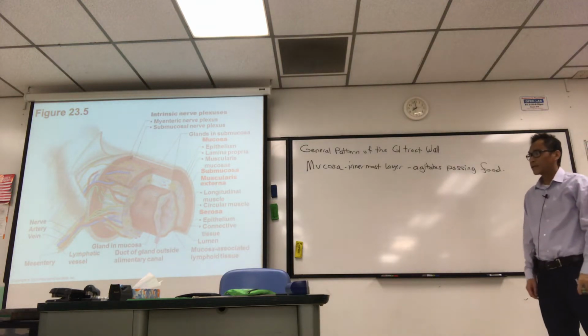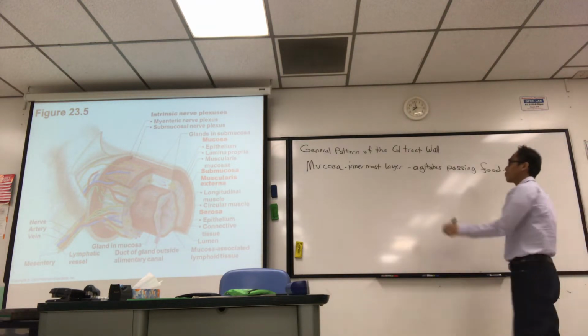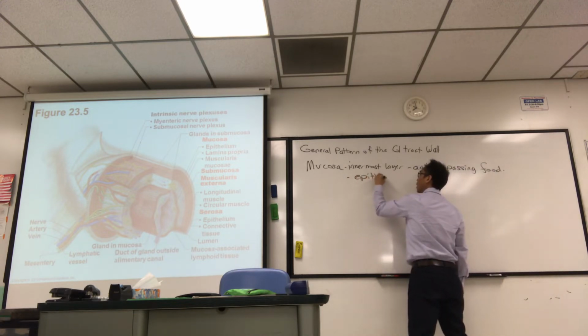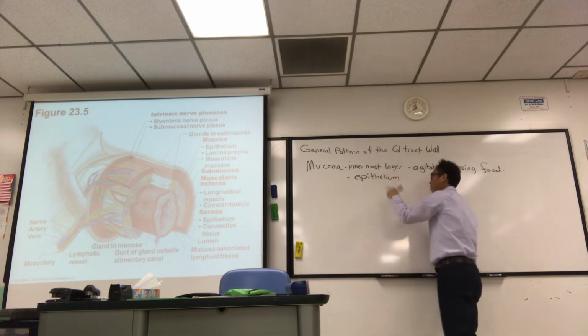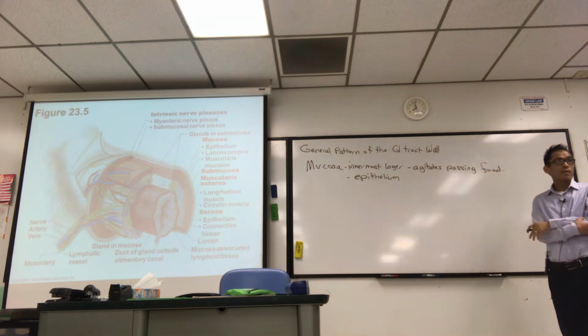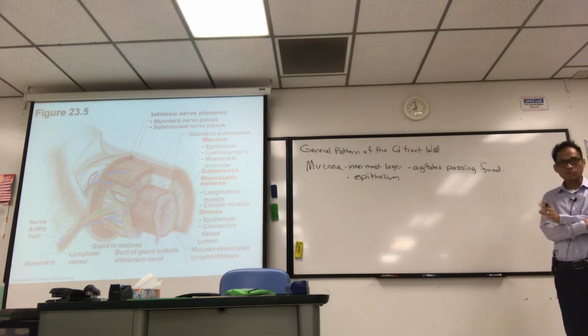innermost layer. And it consists of an epithelium, which kind you have to know, but I can't really tell you now. It depends where you are in the GI tract. The function that's required will determine the epithelium.